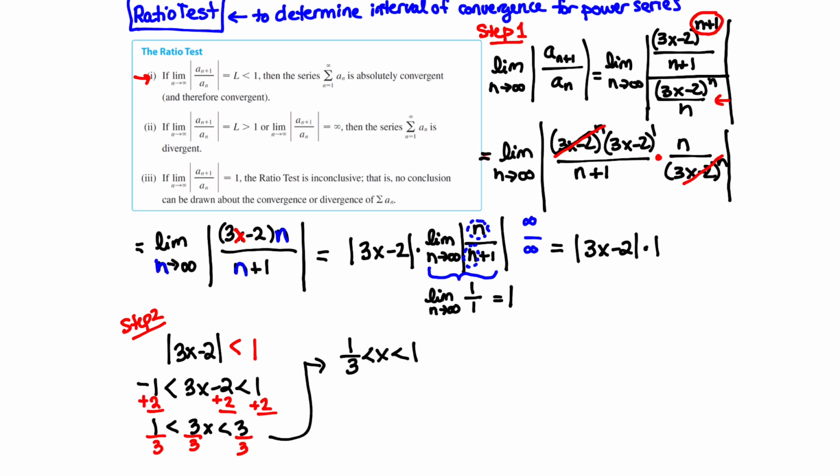And I get this. So it's telling me so far that my interval of convergence is going to be 1/3 to 1.